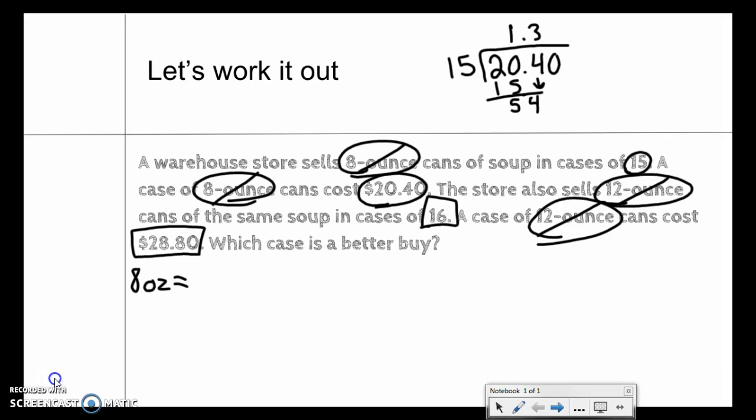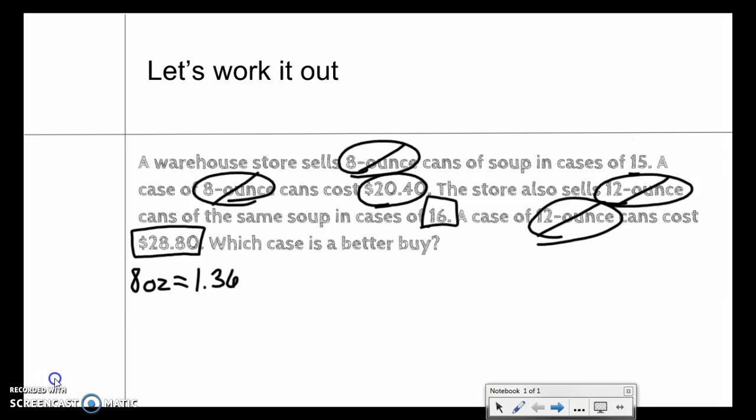Don't forget your decimal, which is 45. 9 is going to be left over. Bring down your 0. 15 goes into 90 exactly 6 times. Okay, the remainder of 0. So, since you had 15 of them, each 8-ounce can costs $1.36. Alright?